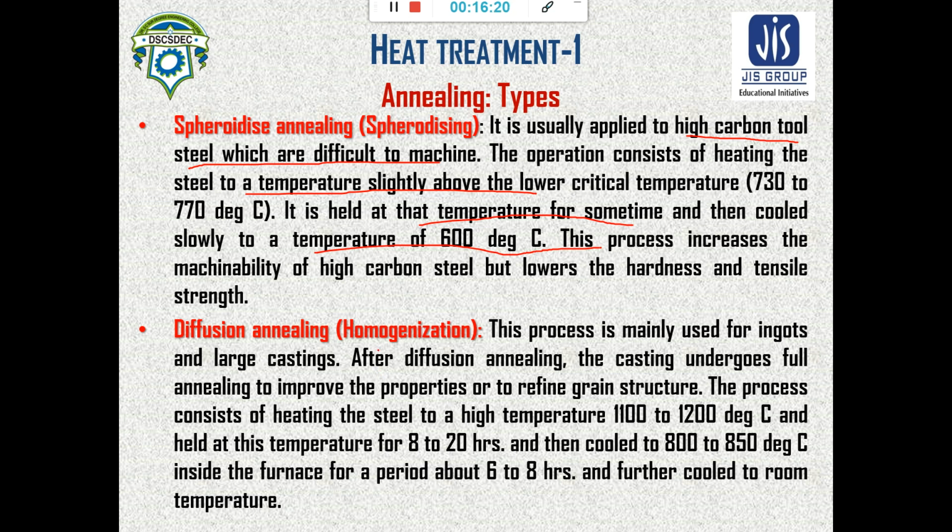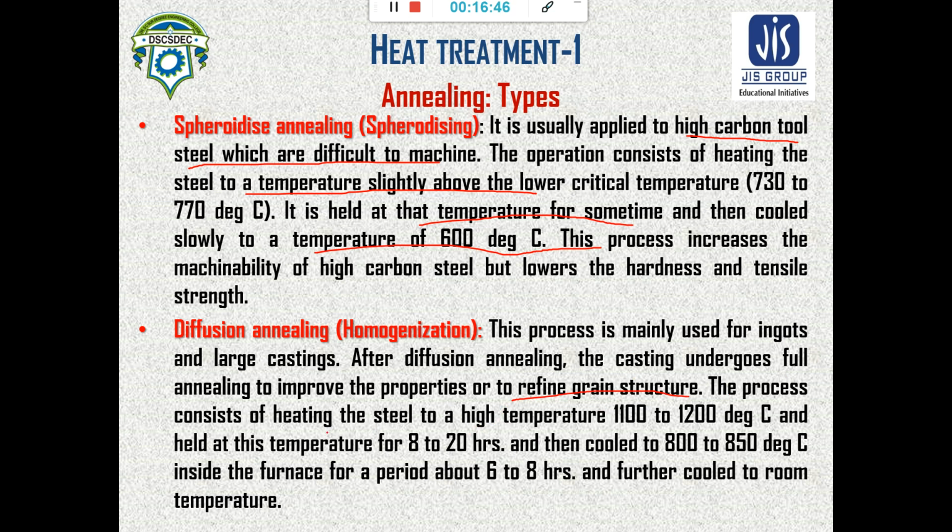Next, diffusion annealing or homogenization. This process is mainly used for ingots and large castings. After diffusion annealing, the casting undergoes full annealing to improve the properties or to refine the grain structure.